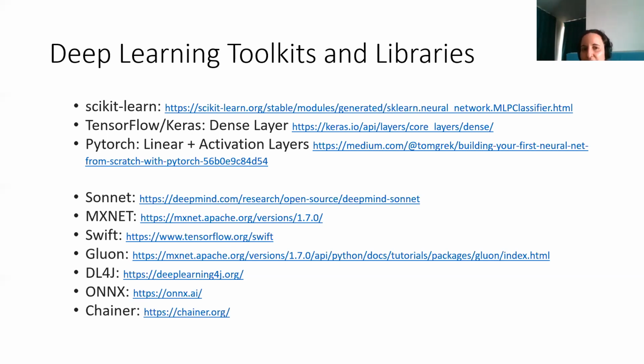Very prominent among them are TensorFlow and PyTorch. You'll see a lot of deep learning models being created using these libraries. Depending on your needs or the infrastructure of the organization you work for, you might use some other ones, which are not even in the list.